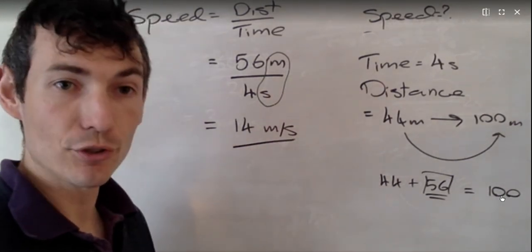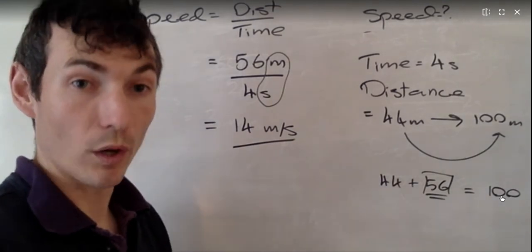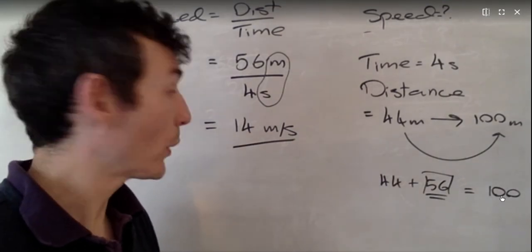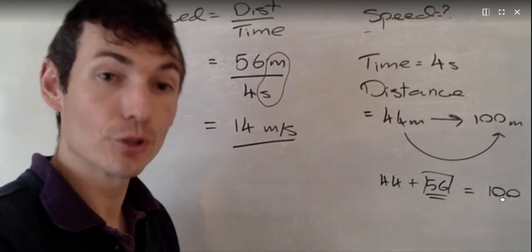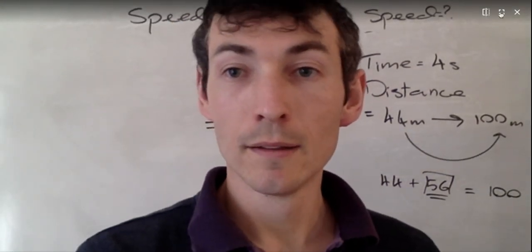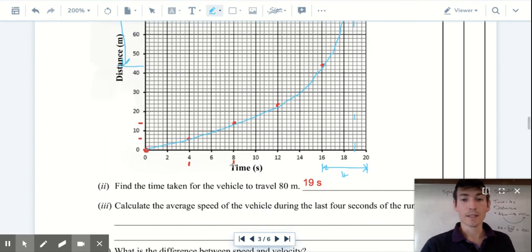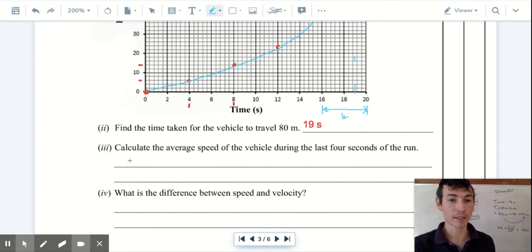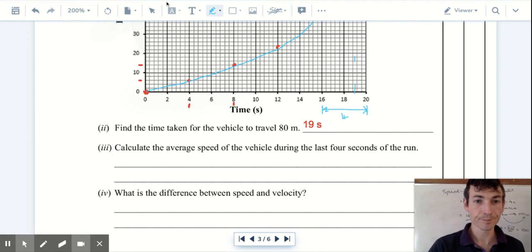So the car is traveling 14 meters for 1 second. It will travel 28 meters in 2 seconds. Right then, so we have calculated the average speed, and that was 14 meters per second.